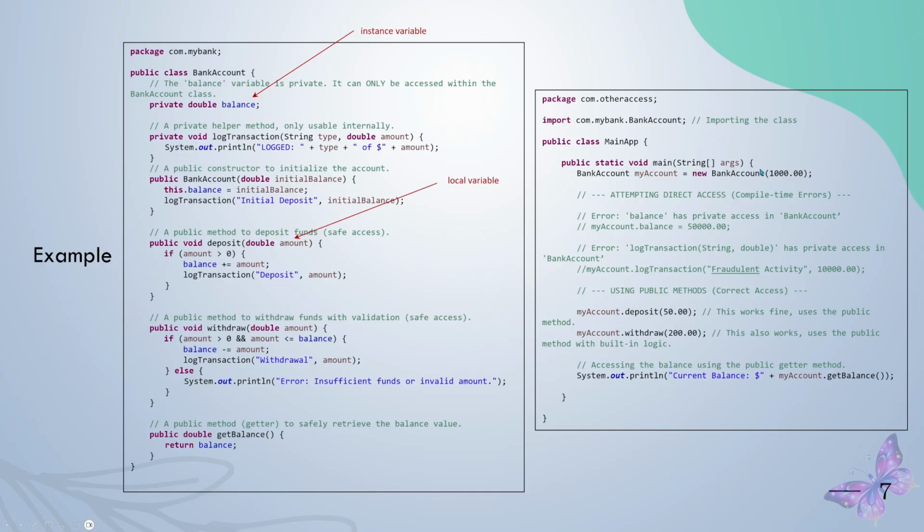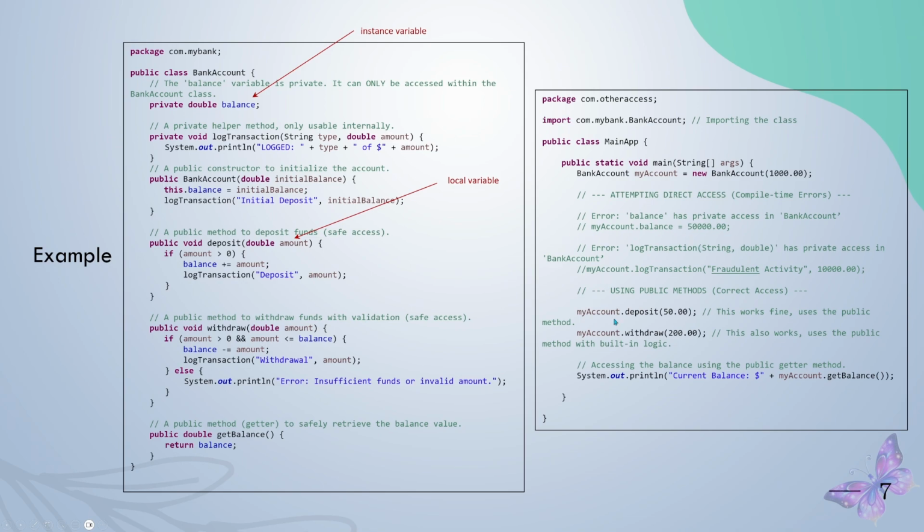But for now we create an instance myAccount of this class BankAccount, and we initialize it this way, new BankAccount. We also put in a 1000 amount, and as I said, a private method or variable you can't access directly. If we try to access it, this will give you an error.